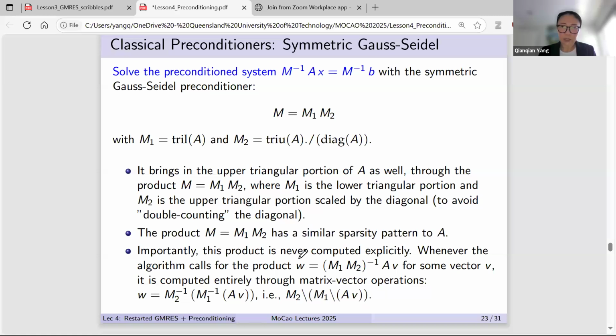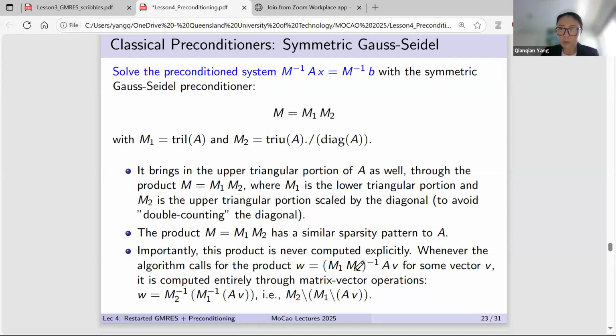But one important thing I really want to make clear is that this product, when I talk about M inverse A or M1 times M2, all these matrices, we never form them explicitly. This is very, very important. In the code, if we compute something like a vector w equals M inverse A v, for some vector v, we always compute it through matrix-vector operations.